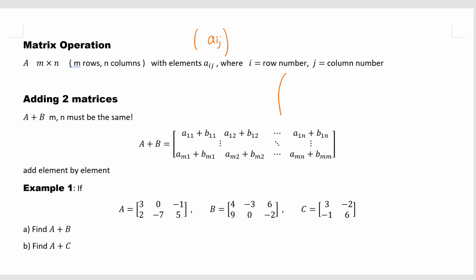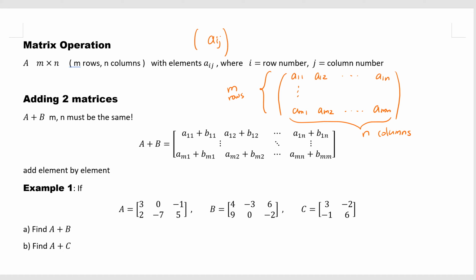So that's why we have a11, a12, dots, a1n, and then a_m1, a_m2, dots, a_mn. So this matrix has m rows and n columns.